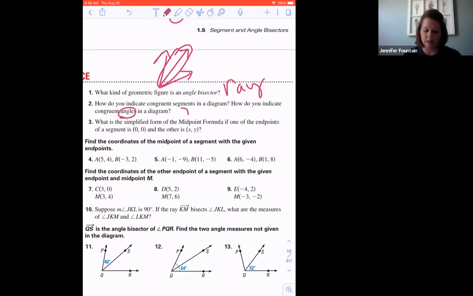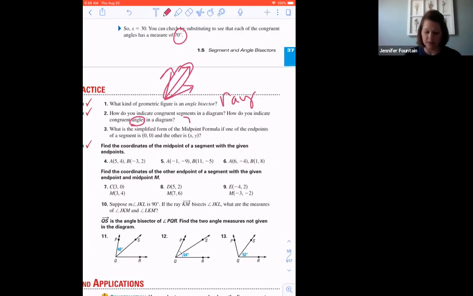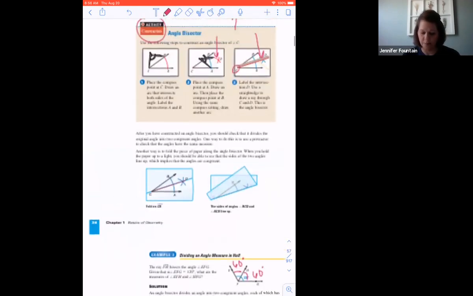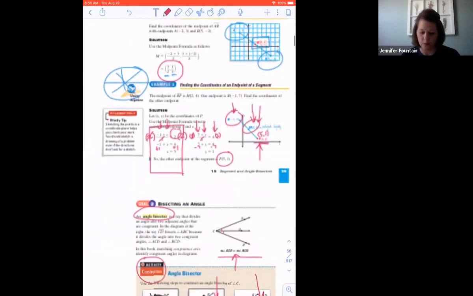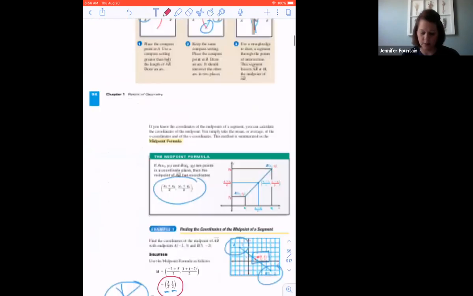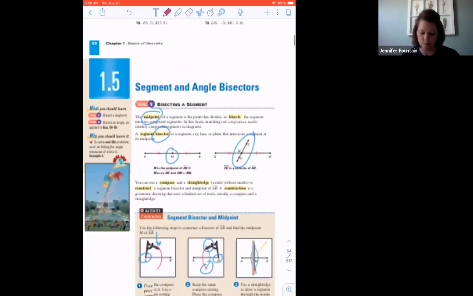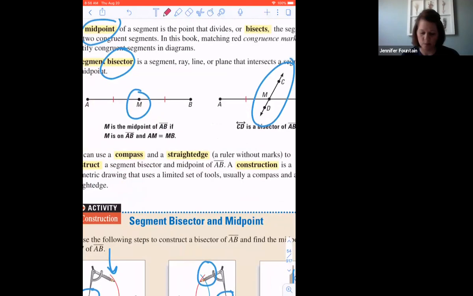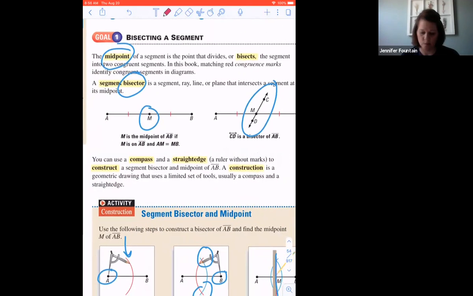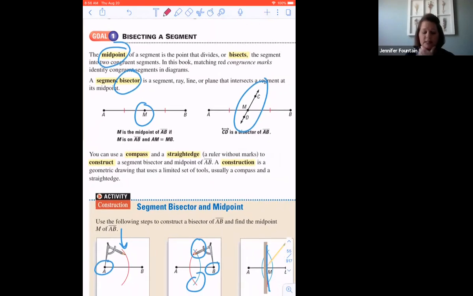So for congruent segments, let's back up to segments. I didn't go far enough. Go back to my congruent segments. Okay, so you can see here, these little marks here are indicating congruent segments. It's the same type, it's just a little mark that's straight up and down. So if I see those two marks, then I know that those are going to be congruent.